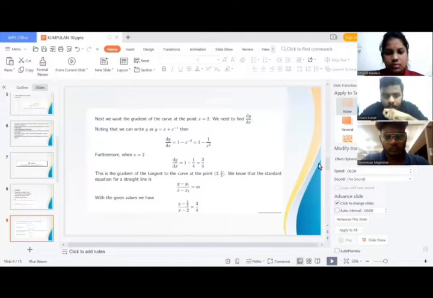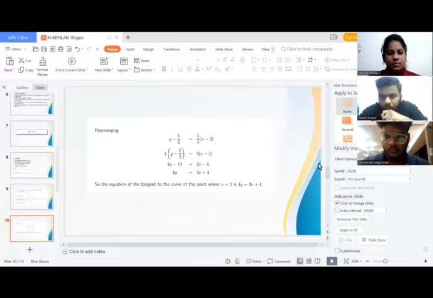We know that the standard equation for a straight line is y minus y1 over x minus x1 equal to m. So with the given values, we have y minus 5 over 2 over x minus 2 equal to 3 over 4.